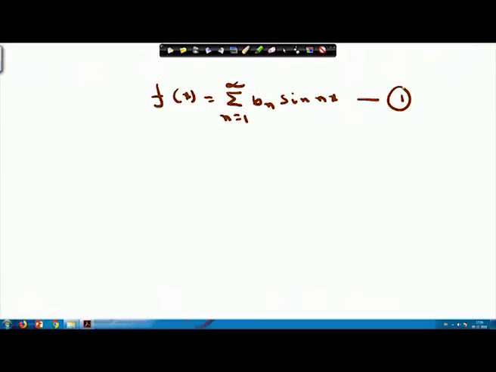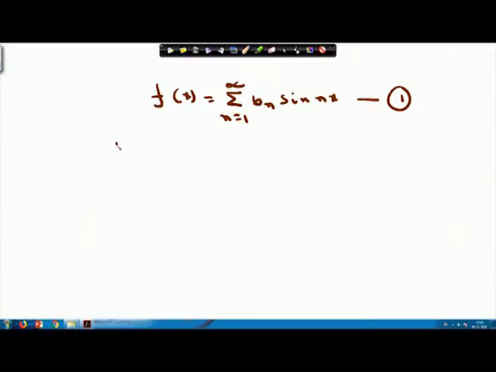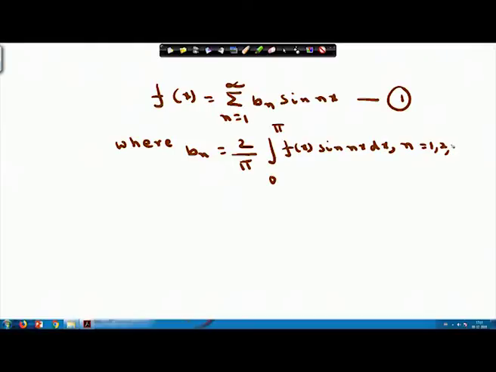Here b_n is equal to 2 by pi, integral 0 to pi of f(x) sin nx dx, where n varies from 1 onwards. So, this is equation 2.